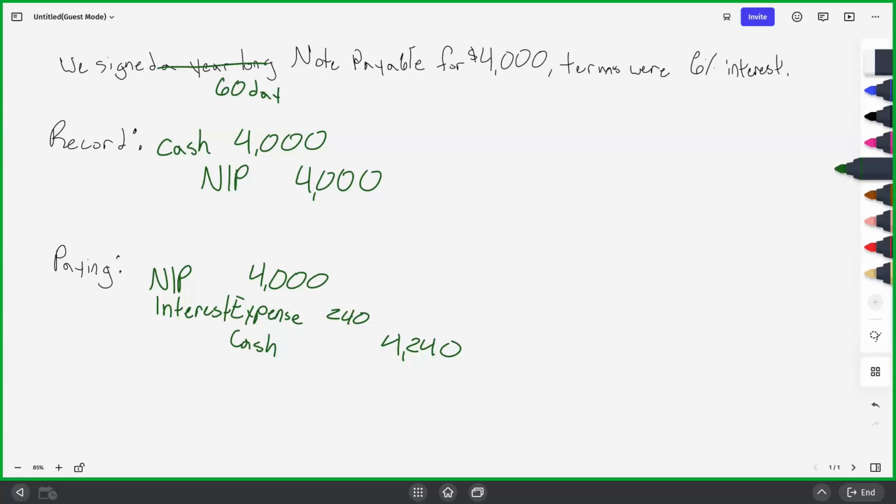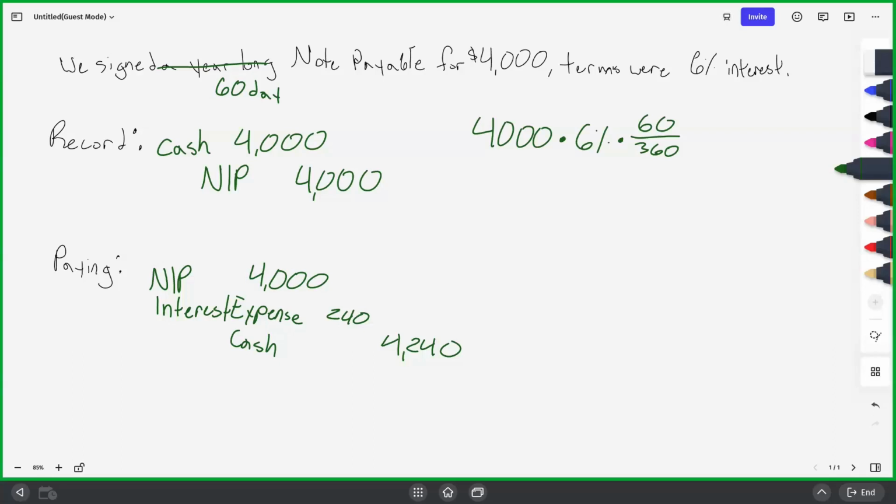Is it 60 over 360? Perfect. Instead of just multiplying 4,000 by 6%, you take 4,000, multiply that by 6%, and multiply that by 60 over 360. Yeah, it's not 365.